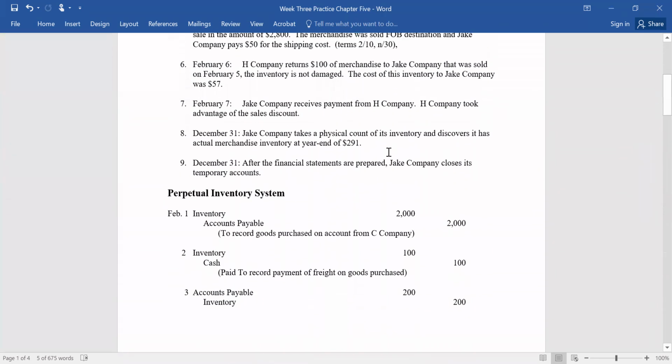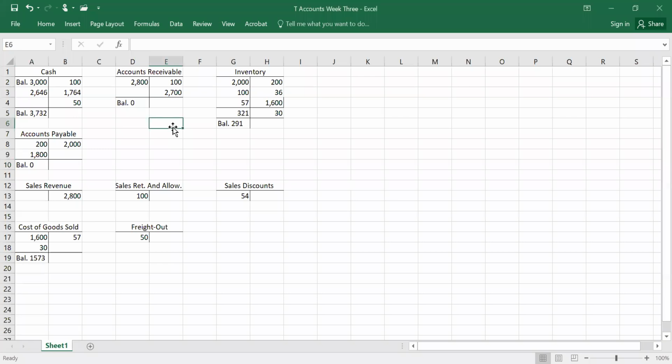Next item, on February 7th, Jake receives payment from H. H Company took advantage of the sales discount. They paid it within a timely manner. So let's just go look and see what that accounts receivable is right now. So let me stop my share and look at the T account. If you look at accounts receivable, it was $2,800. $100 was returned.